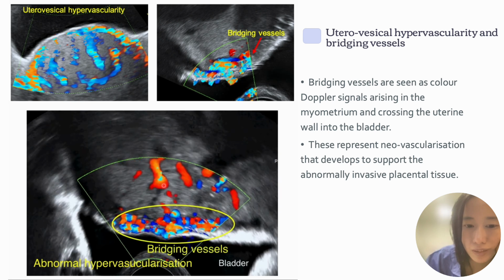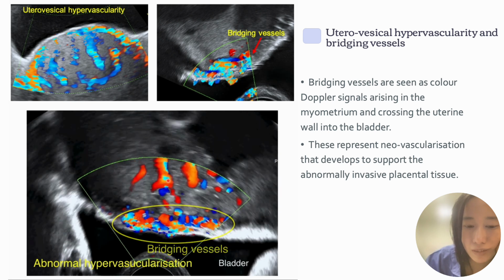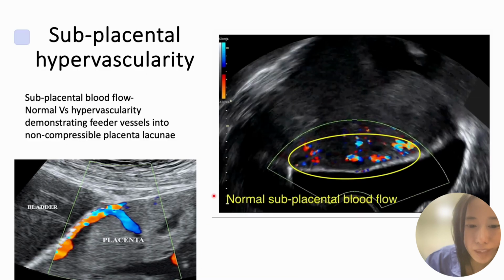Hypervascularity and bridging vessels can be seen. You can see these lacunae are not going away. So this is lacunae, bridging vessels, hypervascularity, bladder invasion. Possibly this bladder is intact. Okay, next one. This is retro or subplacental hypervascularity.